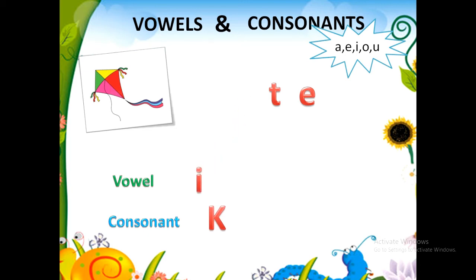Third letter is T. Very good, children. T is a consonant. And the last letter is E. Children, now you tell me, E is a vowel or consonant? Yes, E is a vowel.